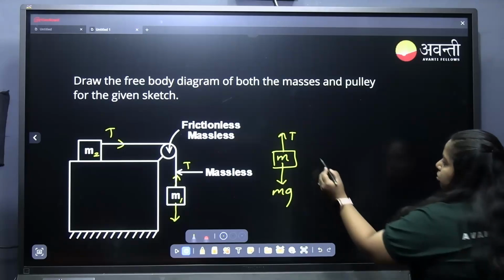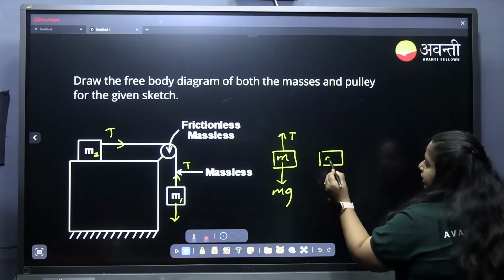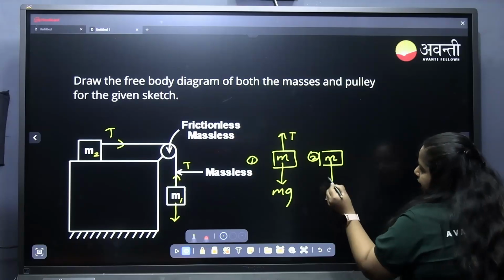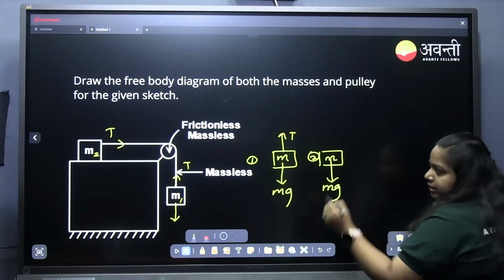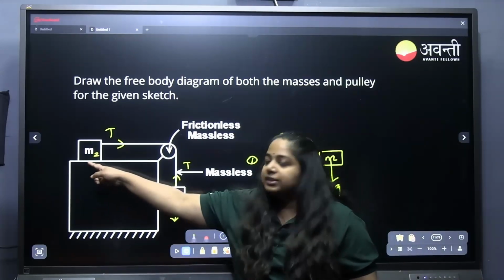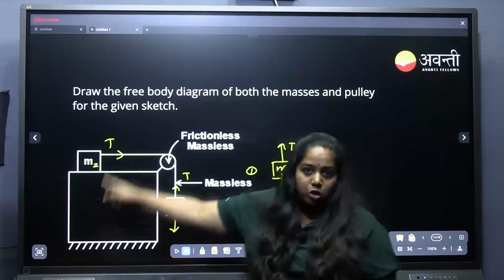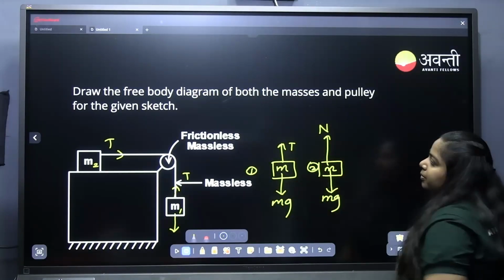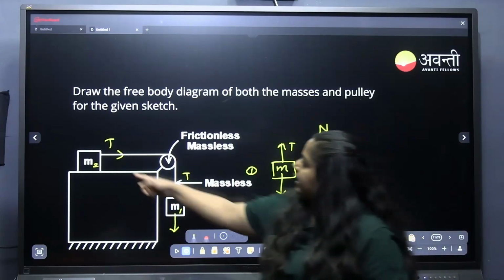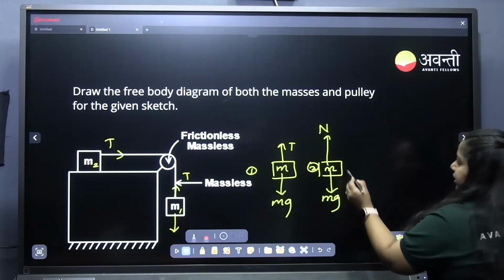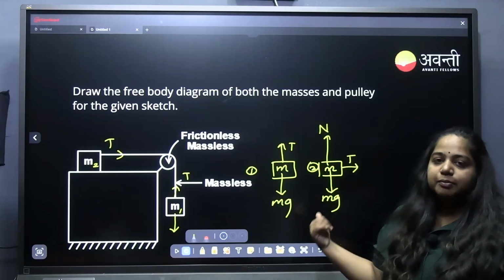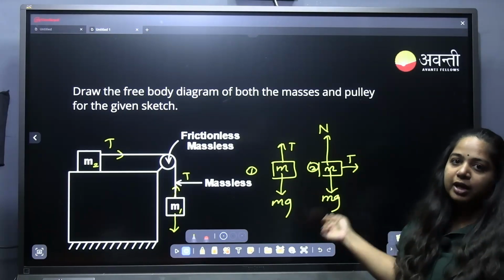Okay. So for mass 2, mg is acting downwards. Then since it is sitting on a surface, the normal reaction will act upwards. Then tension T is acting in one direction. Okay. So this will be the free body diagram for our mass 2.